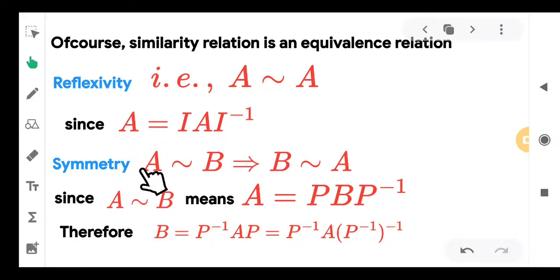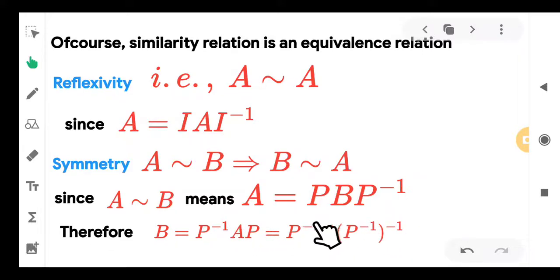Now, symmetry. A is related to B implies B is related to A, because A is related to B means this equation is valid for some invertible square matrix P. Now you multiply here with P inverse and here with P, so that P and P inverse will be cancelled. There will be B. So I'm writing B as P inverse A P. So it will be P inverse A, P inverse inverse.